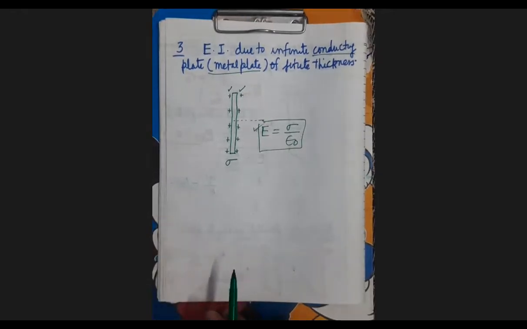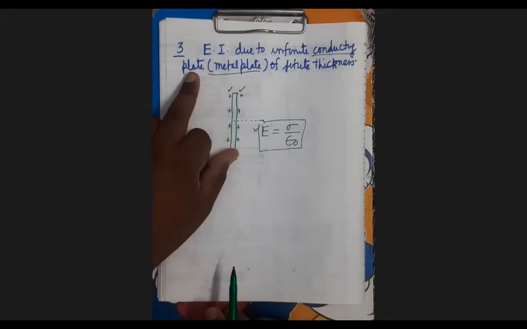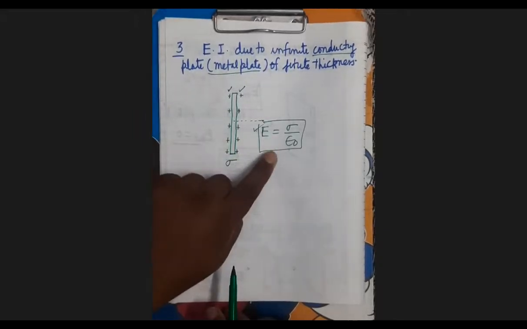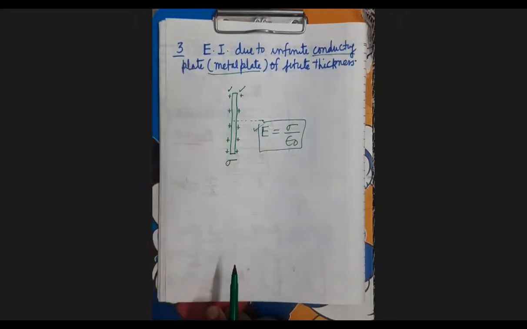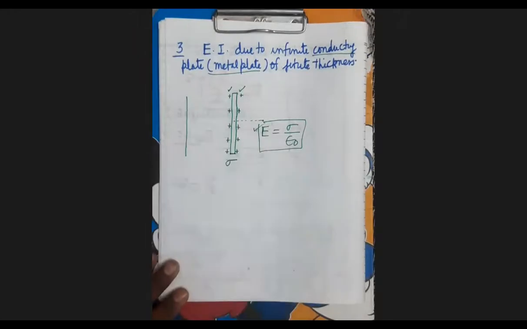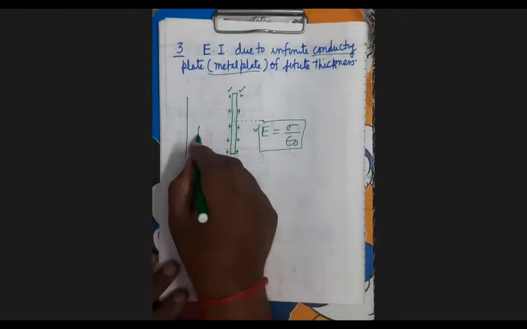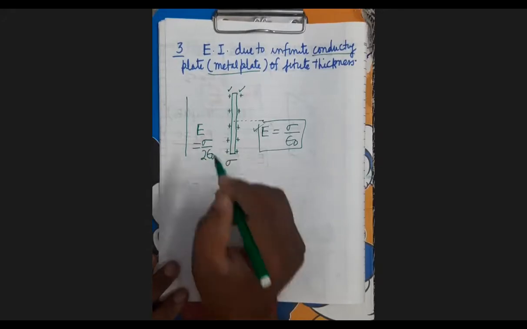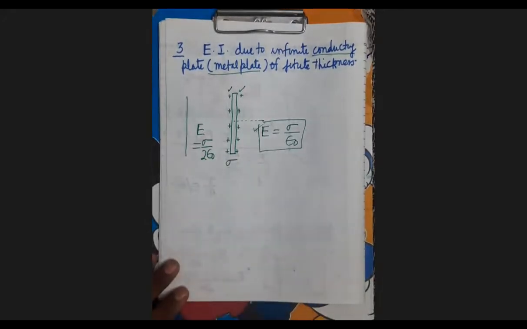So all of you remember that the electric intensity due to an infinite conducting plate of finite thickness will be given by sigma upon epsilon naught. But if it is a thin metal plate, then E equals sigma upon 2 epsilon naught. That we will remember. What is sigma? Surface charge density, which I have already told.